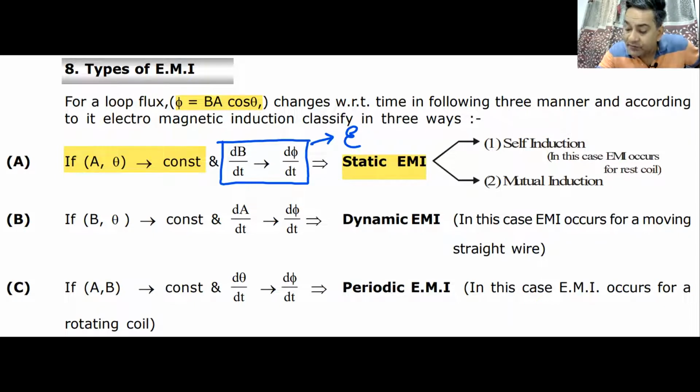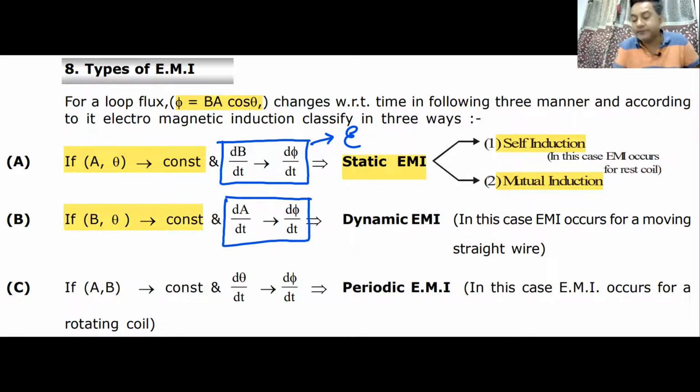This can happen in two ways. It can happen by self-induction in the coil, or it can happen by mutual induction. We will be taking those things today. Don't worry. The second case is when B and theta, magnetic field and theta, remain constant, but your area changes with time.